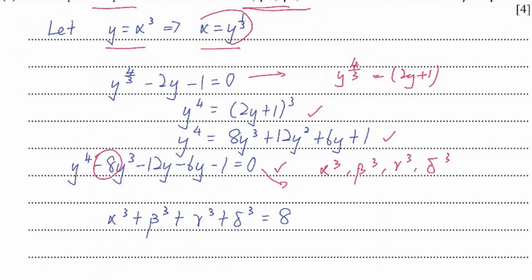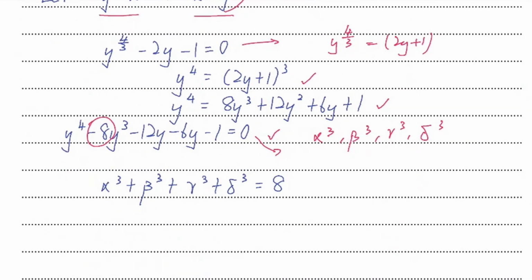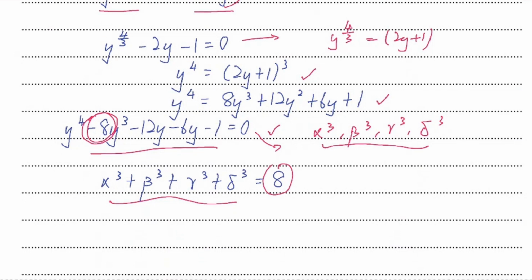So we use the sum of the roots, which is negative b over a. They are already in cubes, so we are just adding the cubes. These are the sum of the roots based on this new equation, so we just use negative b over a for the result. The value for this part here will be 8.